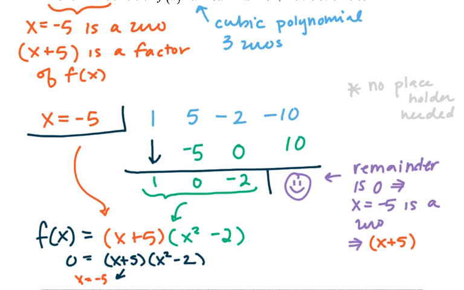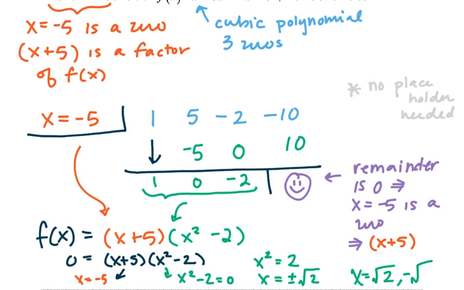But over here, setting x squared minus 2 equal to 0 gives me x squared equals positive 2, or x equals plus or minus the square root of 2. So my other zeros are x equals the square root of 2 and negative square root of 2. Those are the two other zeros found by factoring using synthetic division.